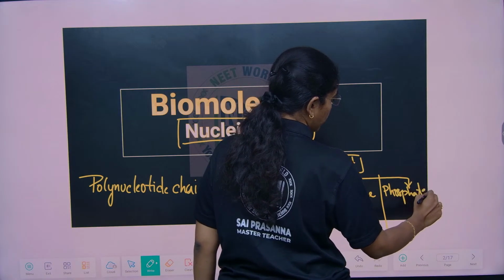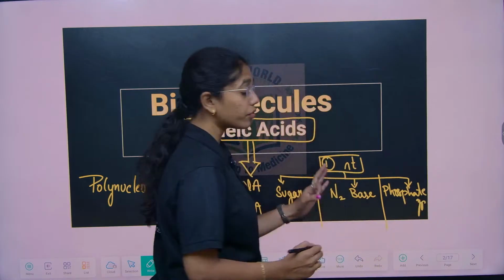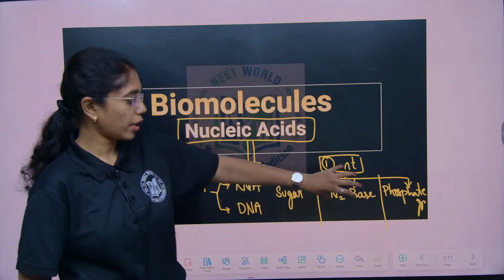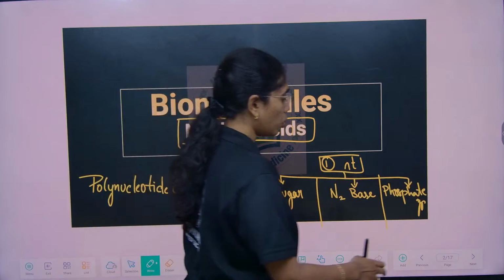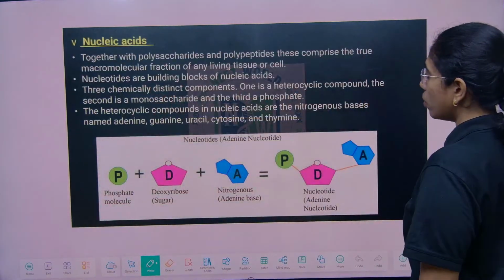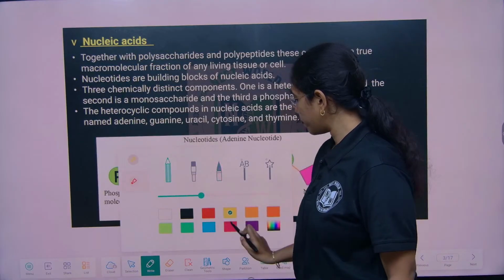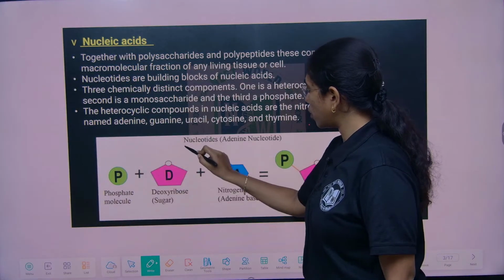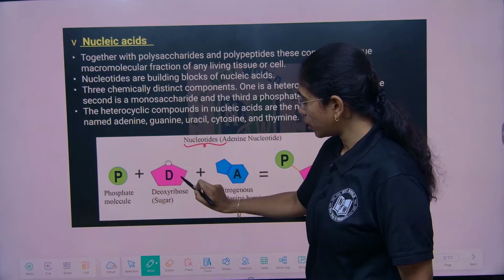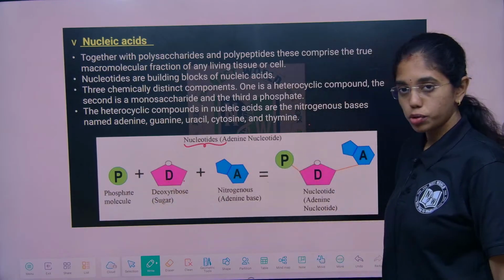A single nucleotide consists of three components: sugar, nitrogen base and phosphate group. A single nucleotide has sugar, phosphate group and nitrogen base.